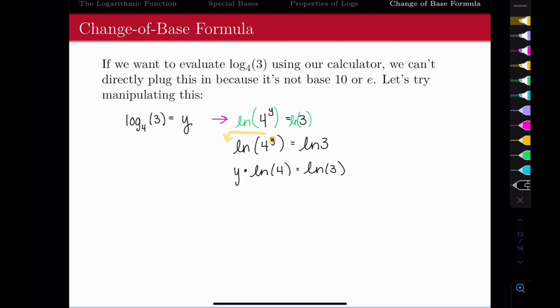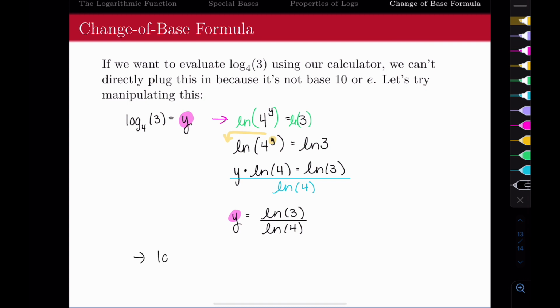Okay? And my goal is exactly to rewrite y. So at this stage, I'm going to take both sides and divide by natural log of 4. And this tells me my y is also equal to natural log of 3 divided by natural log of 4. Okay? So y can be rewritten as this.